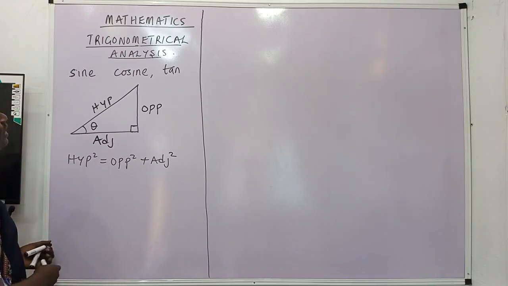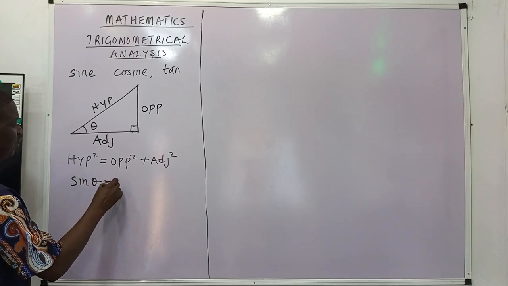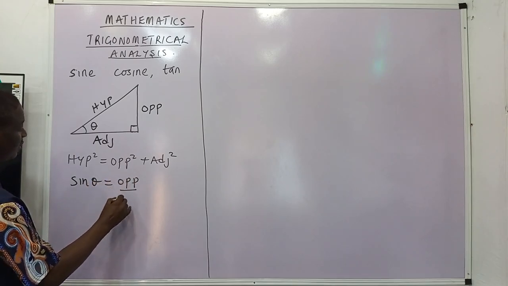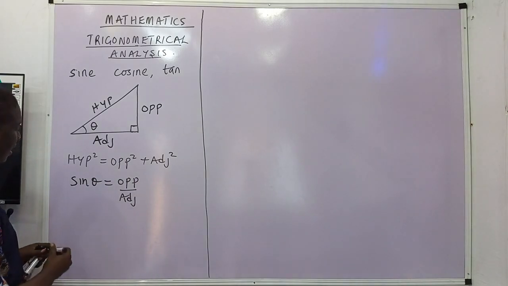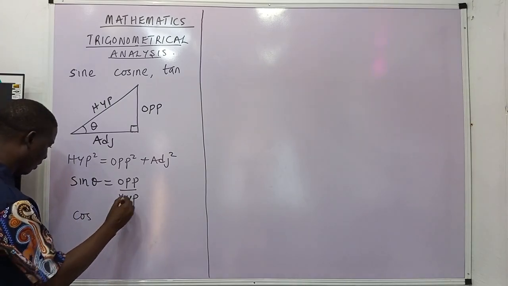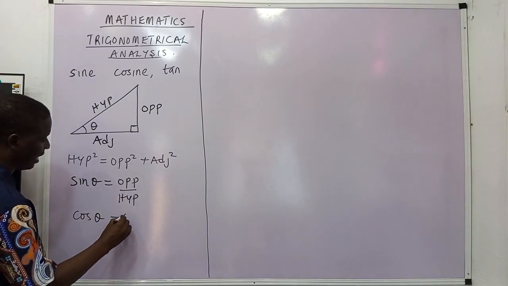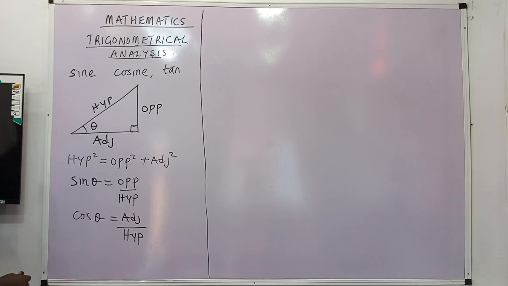Now, from the knowledge of trig, we understand that sine theta is equal to opposite over hypotenuse. Then cos theta is equal to adjacent over hypotenuse.